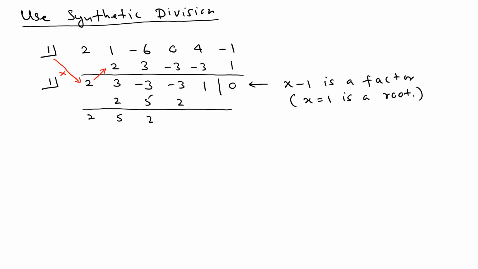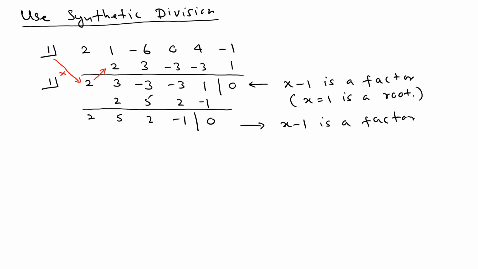So you put it there, -1. And 1 times -1 is -1. And you can see that you get 0 again. That means x minus 1 is a factor again of the new polynomial. So that means it's a double factor of the original one.